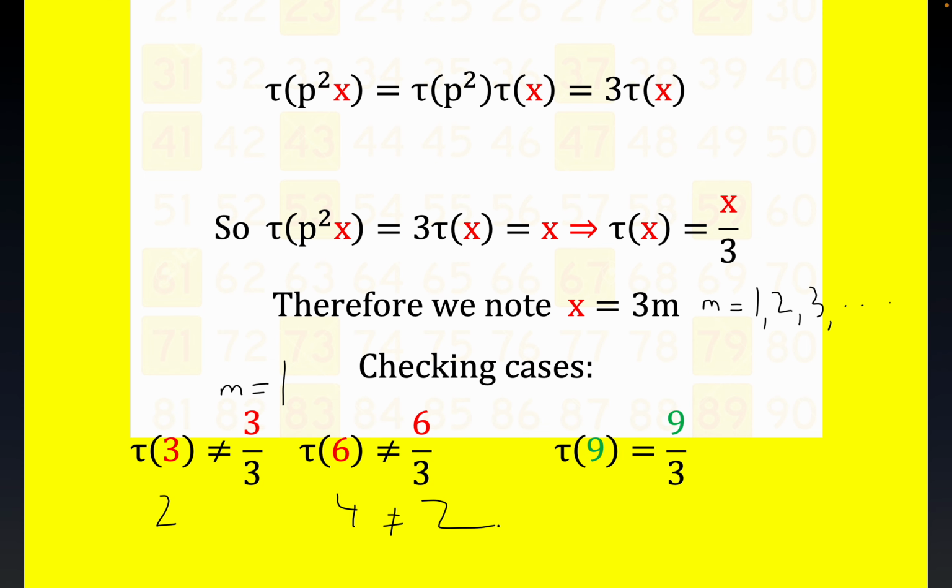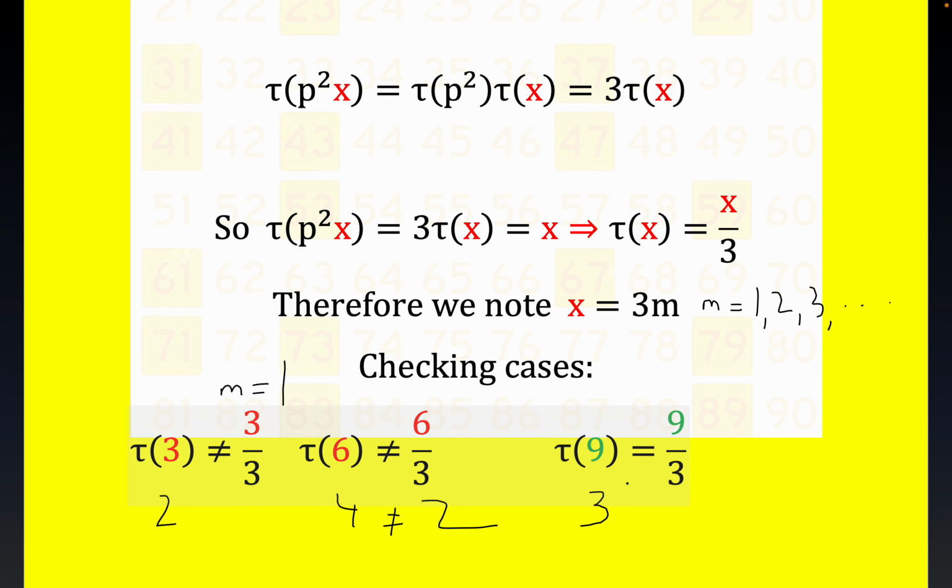Now we get lucky on this next try. Tau at 3 squared, well, you can just say 1, 2, 3. There's 3 of them, or excuse me, 1, 3, and 9 are the divisors of 9. And that does equal 9 over 3. So 9 is going to be one of the lucky numbers. There may be others. I'm not saying this is the only one.